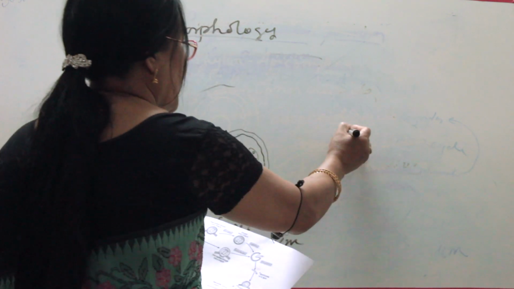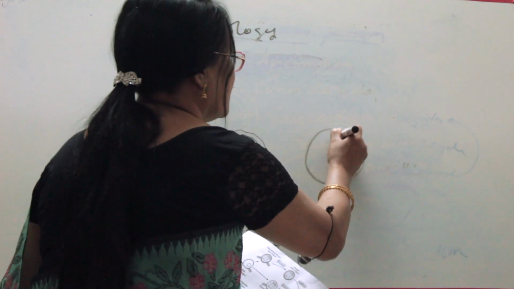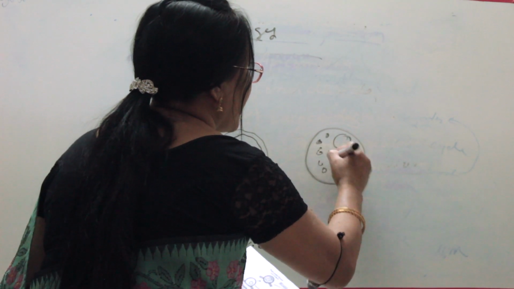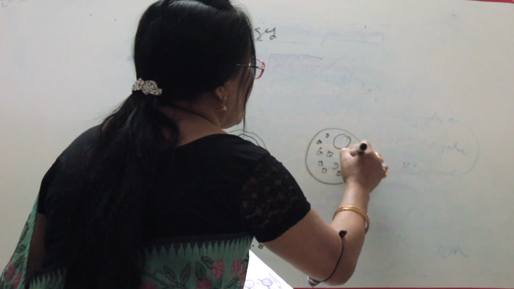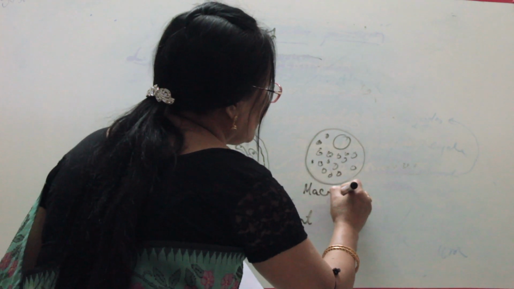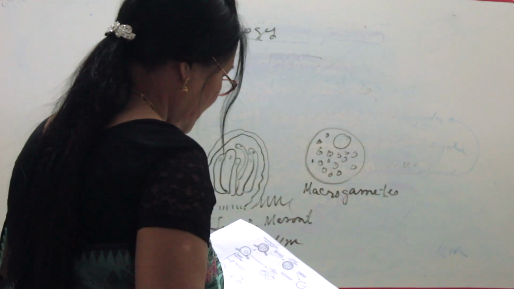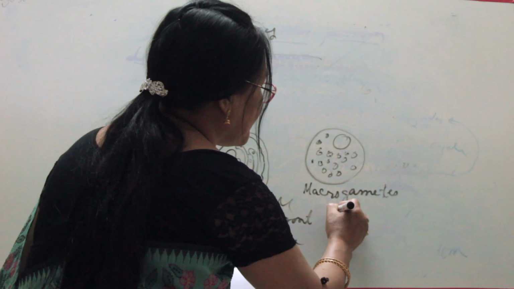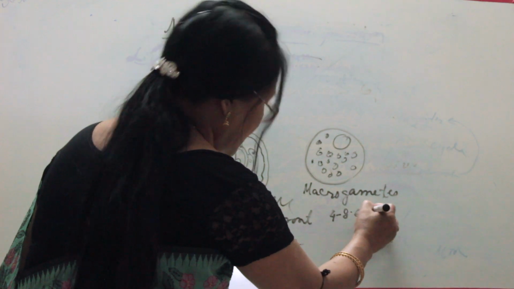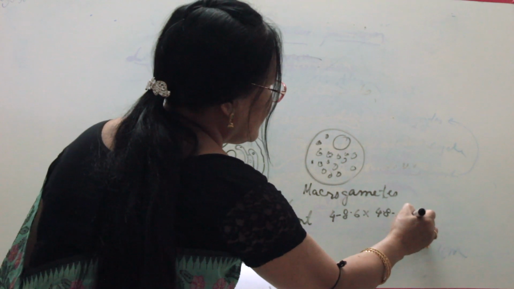The macrogamete has a diameter of 4 to 8.6 micrometers.